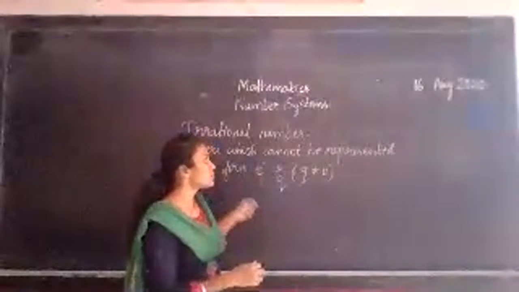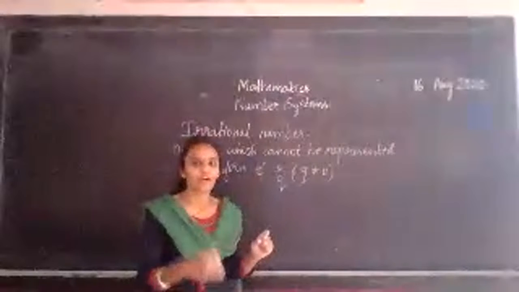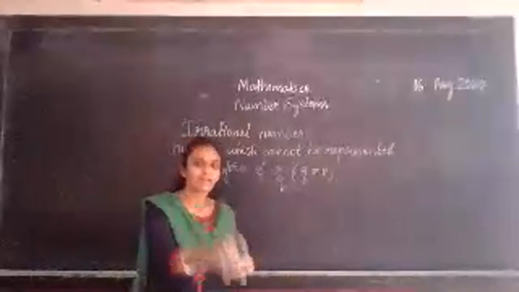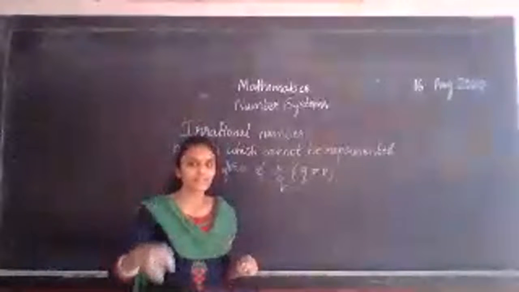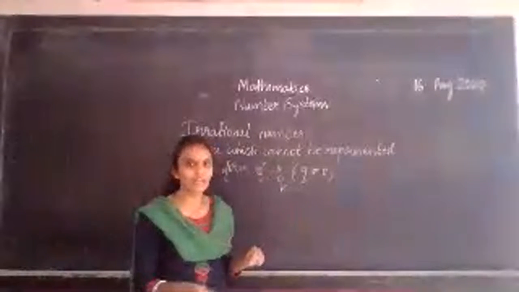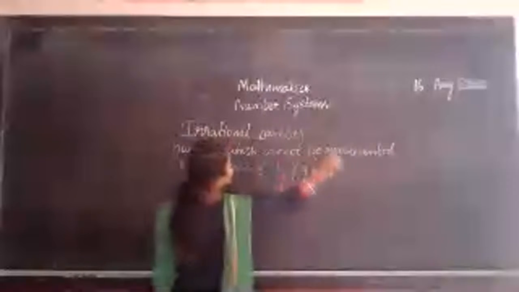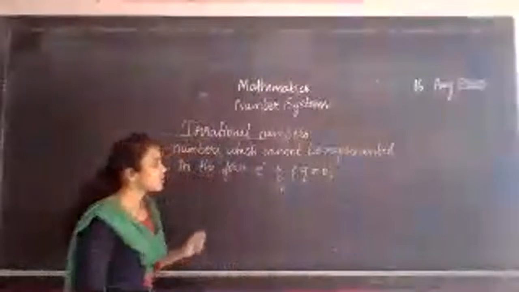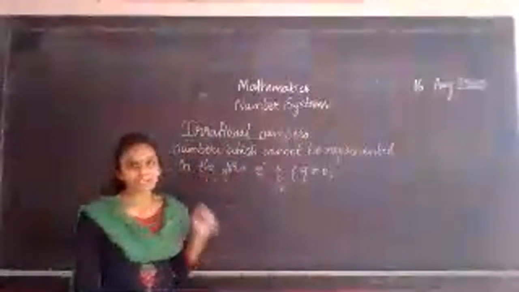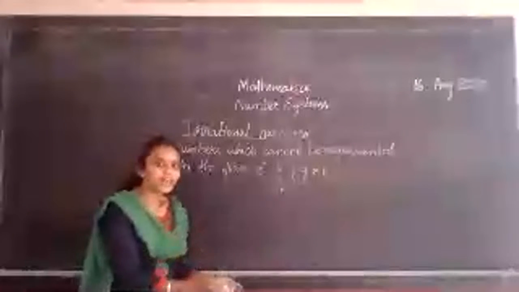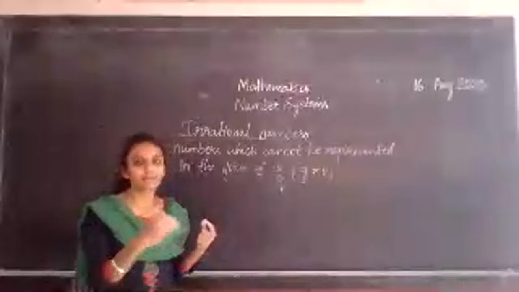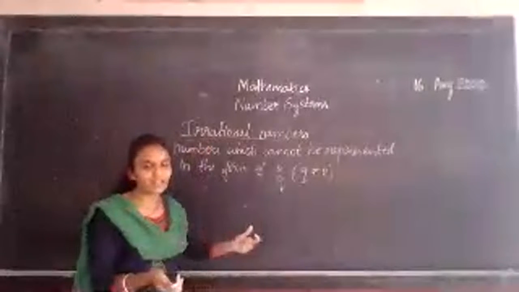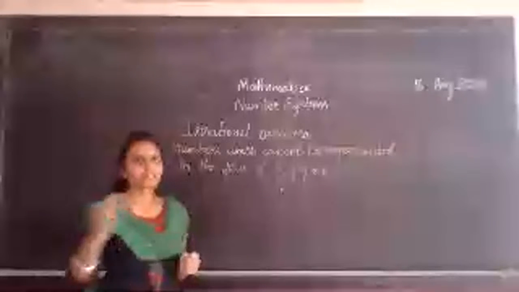Now I'm talking about those numbers which cannot be represented in the form of P by Q. So the remaining numbers were all picked up, and they form the irrational number system. After picking up these irrational numbers, there is no other number left. Therefore, rational and irrational numbers together form the real number line.